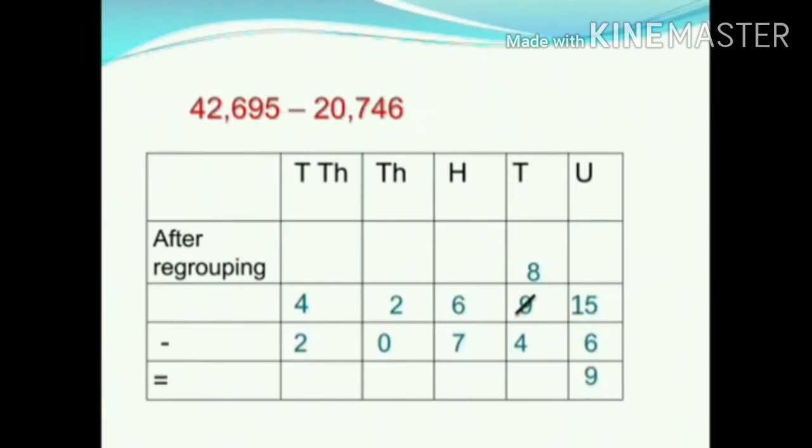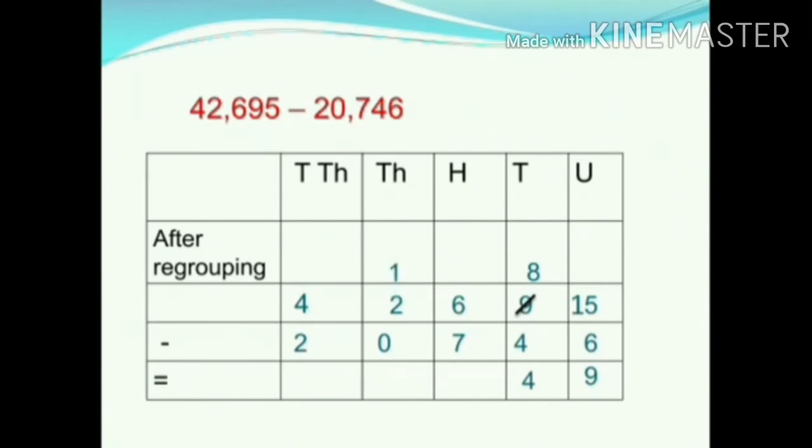Now subtract tens place digits. That is 8 minus 4 is equal to 4. Write 4 in tens place. In hundreds place 6 is less than 7. So 7 cannot be subtracted from 6. Hence borrow 1,000 from thousands place. 1,000 equals 10 hundreds.